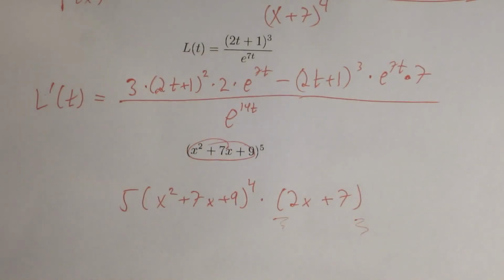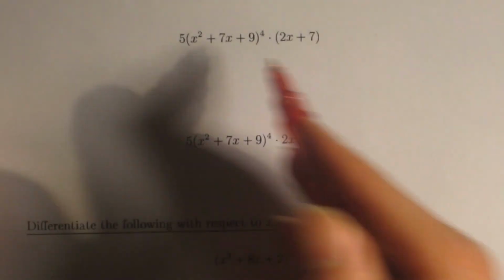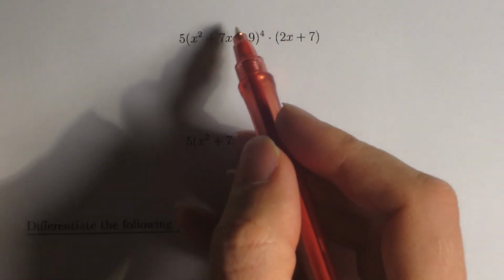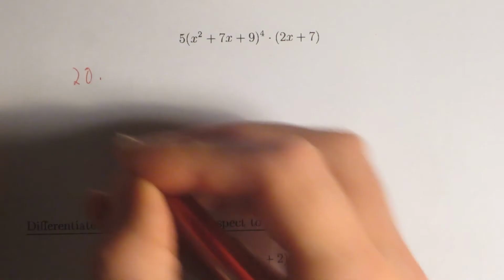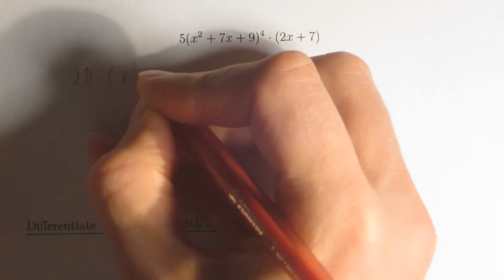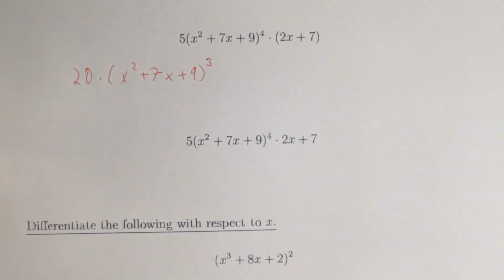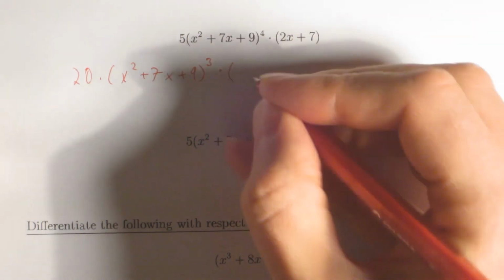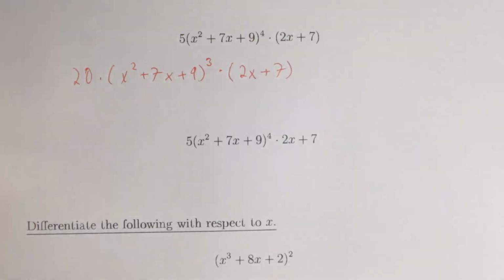Next, we will find the derivative of this derivative. It's a product, so we use the product rule. To differentiate the first function, you of course use the chain rule. So you get 20 times x squared plus 7x plus 9 all to the power of 3 multiplied by, within brackets of course, the inner derivative.